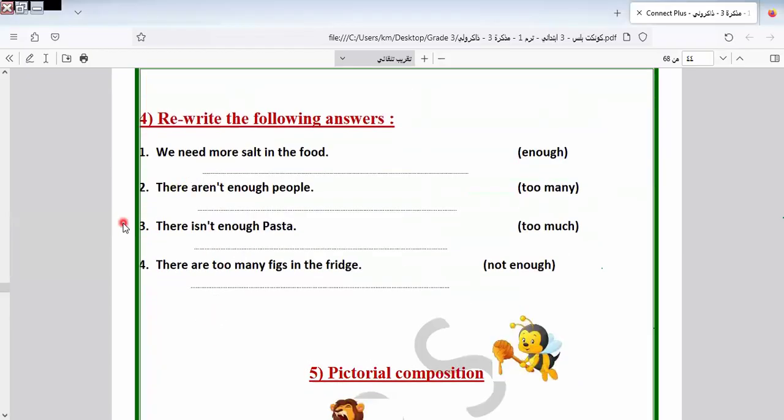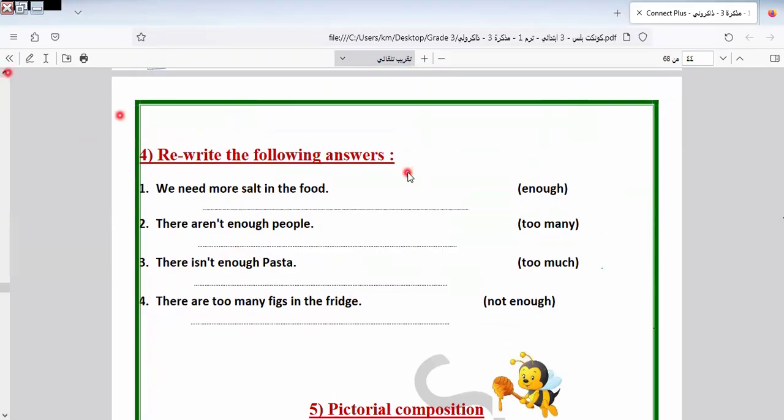Here we have enough. So here we need more salt in the food. So it will be what? We needn't. Here is: we need more salt in food. Here it will be: we need enough.